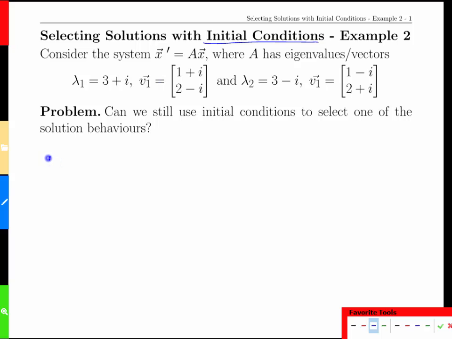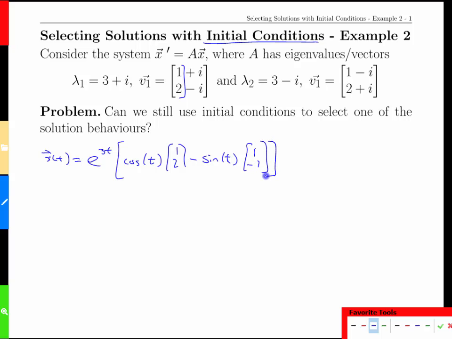Well, remember what the general solution looks like for this complex value case. We end up with e to the 3t times the cos of the coefficient in here, so cos of 1t in this case, and then we multiply that by, if you like, this vector here, the 1, 2 vector, which is the real component of this thing here, and then we subtract sine of t, so the same frequency, but then we use the everything without the i's for the remaining part, 1, negative 1, for this side.